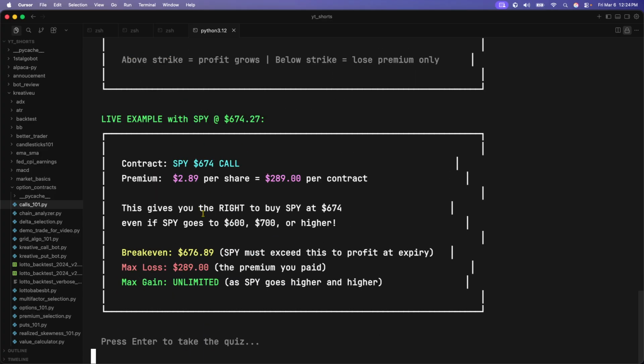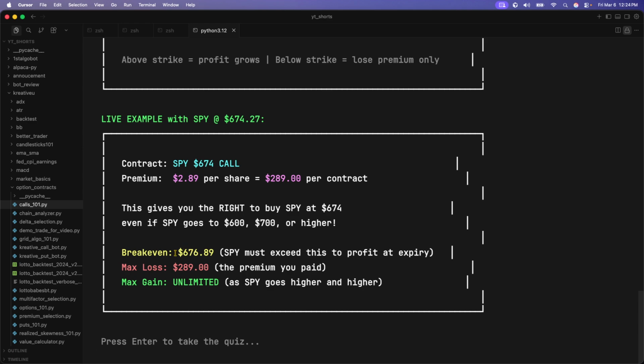So a live example: we have a SPY, the S&P 500, the top 500 companies within the New York Stock Exchange, at 674 call. The premium paid was 289, or $289 per contract. This gives us the right to buy SPY at 674, even if it goes to 600, 700, or even higher.